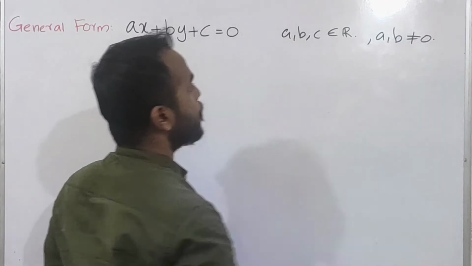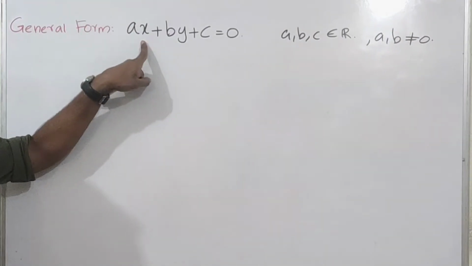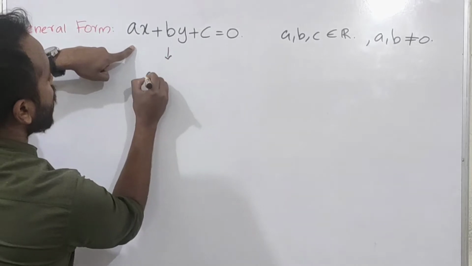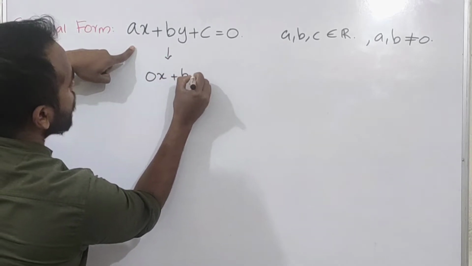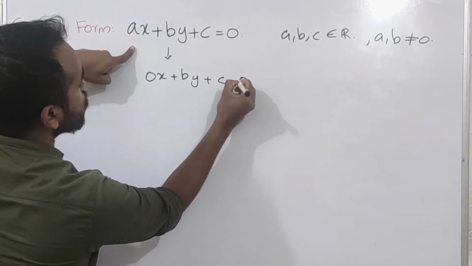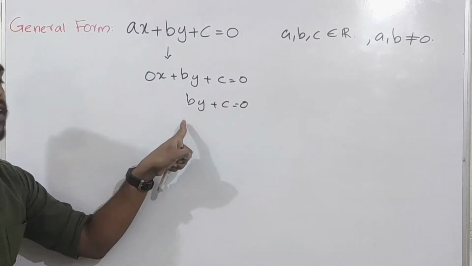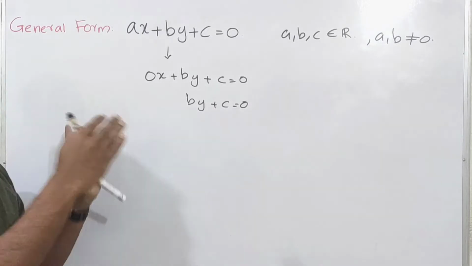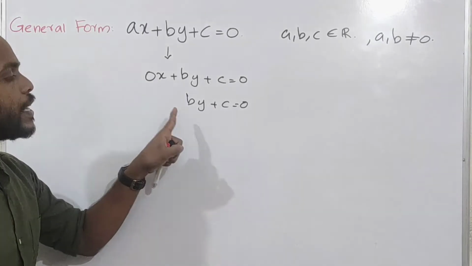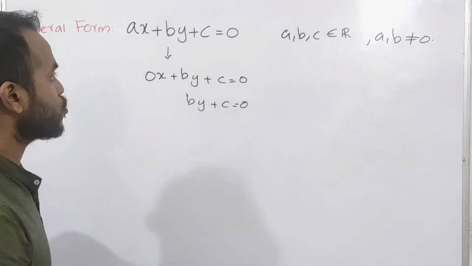We'll see why. Because if we put a is equal to 0, then this equation will become 0x plus by plus c is equal to 0, or simply by plus c is equal to 0. Then how many variables are here? Only one variable. So this will be converted into a linear equation in one variable. So that's not possible.